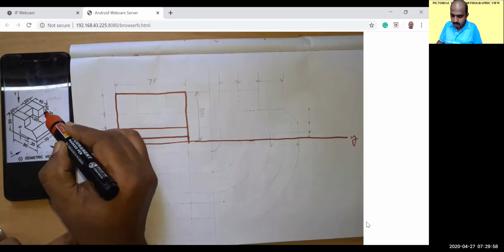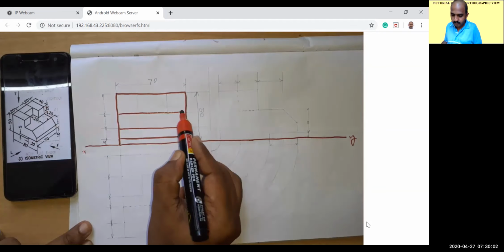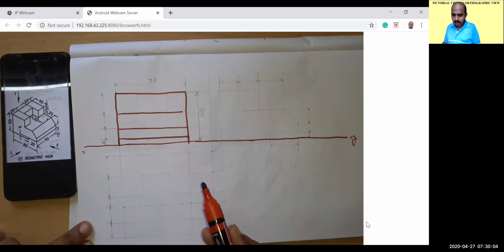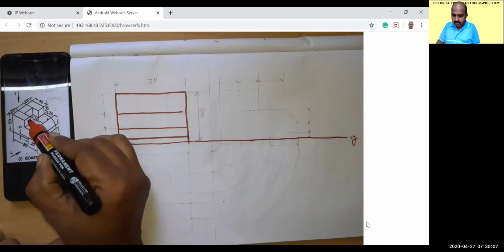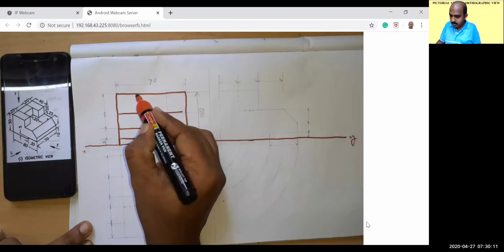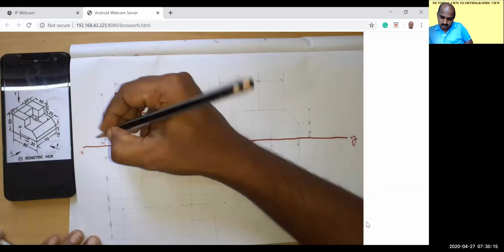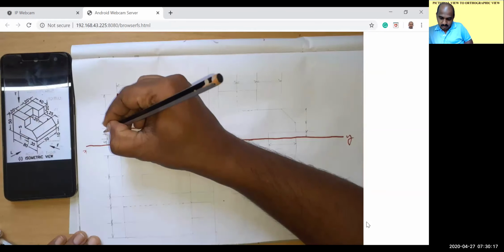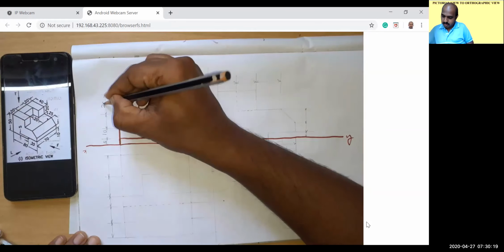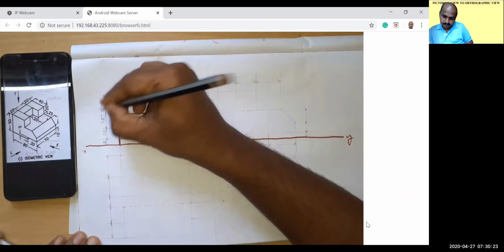So below 20, another line. Then there are 2 divisions apart. What is the distance? 20, 20 apart, 2 divisions. So this is 5, this is 10, and this is 20. So total is 50.